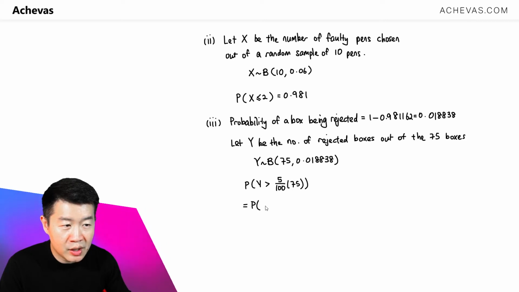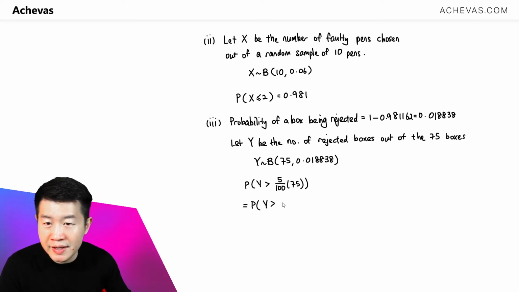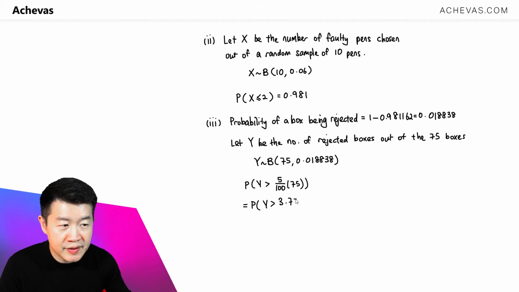So we are calculating the probability that Y is bigger than 3.75. And since Y is a discrete random variable, since it's the number of boxes, Y is going to be bigger or equal to 4.